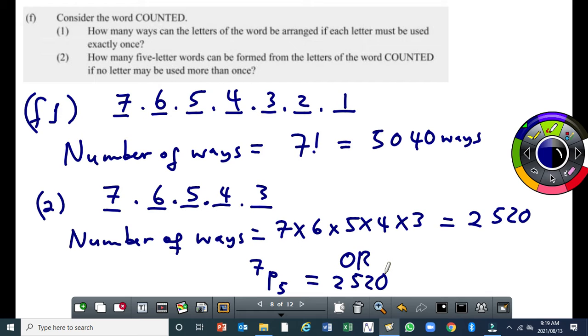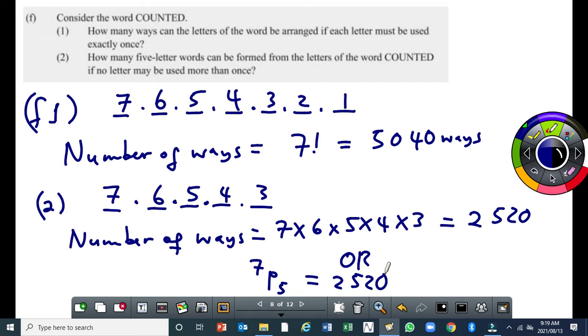So 7 choose 7 gives you the same answer as 5,040. Are you following? Okay, if you can't understand that, don't bother with 7 choose 7, just put 7 factorial. Just do it the way that I just did. Let's not complicate things for the first one. 7 factorial, then we are done.